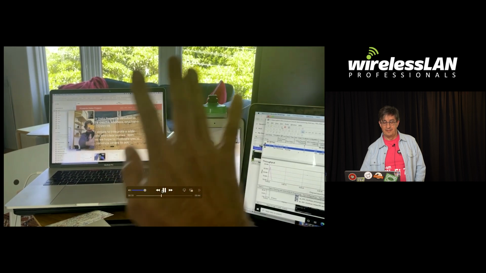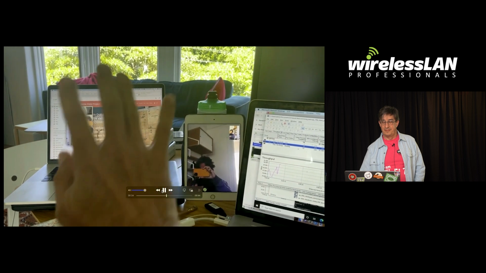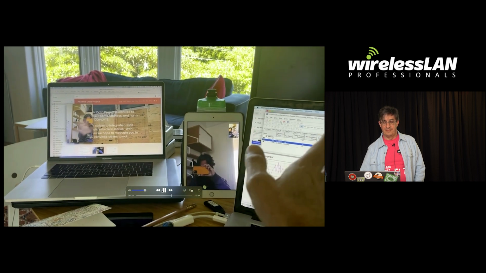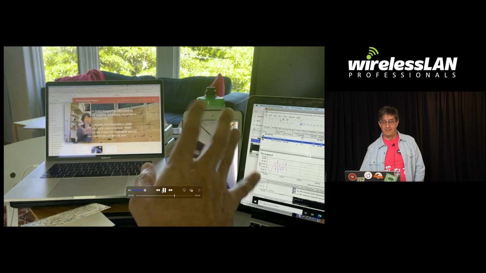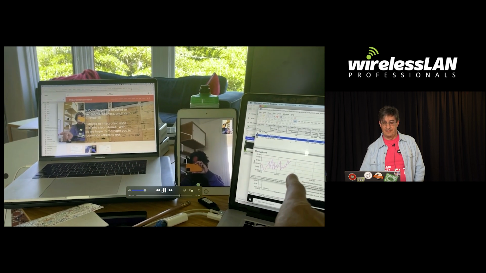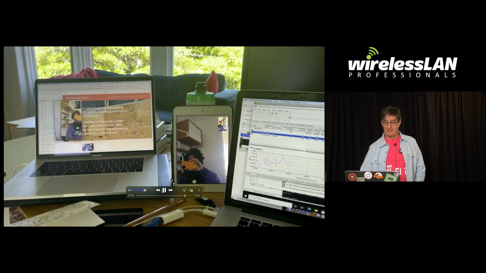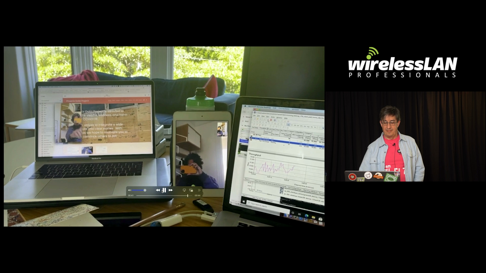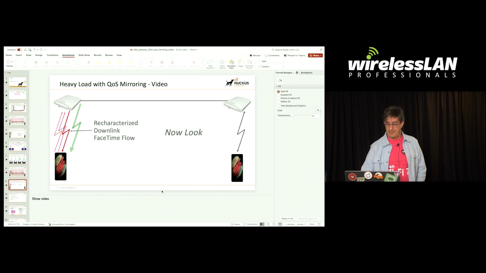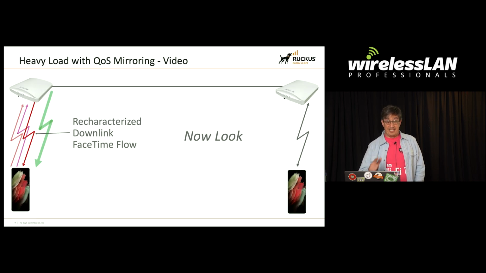And you can see the FaceTime call still stays up. That picture over there is good. It's still responsive, everything is still copacetic. And I've got a decent amount of throughput, a decent amount of load on this. It's pretty sweet. Was pretty excited to get that working.